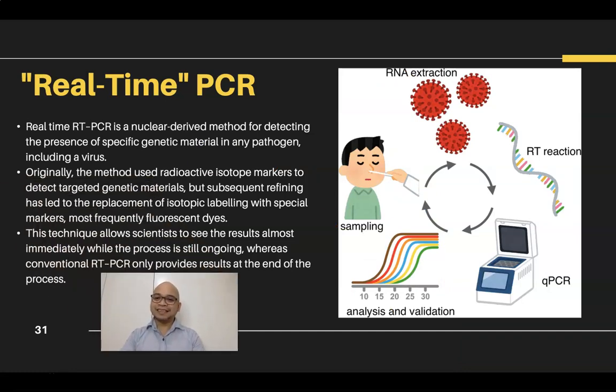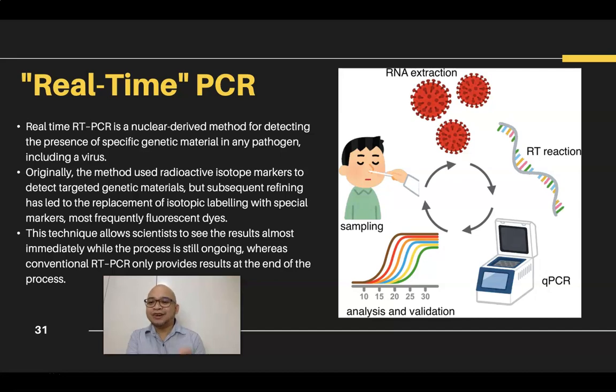So again, what makes it real-time RT-PCR is a nuclear-derived method for detecting the presence of genetic materials in any pathogen, including the virus. Originally, the method had actually used a radioactive isotope that served as a marker to detect targeted genetic materials. But because of its hazard, they subsequently developed a much more refined marker for this particular nucleic acid.